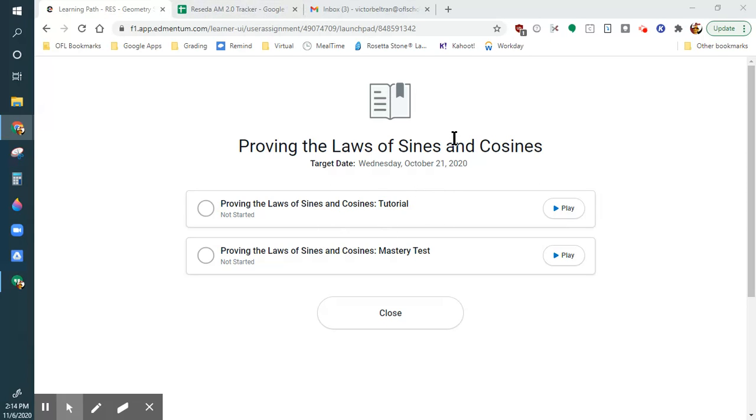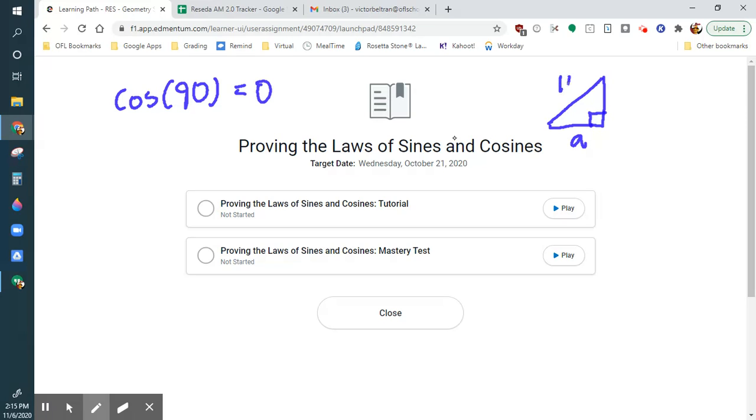Because I'm not sure if any of you have ever tried this, but if you ever enter cosine of 90 degrees into a calculator, you'll end up getting zero. That's because the cosine, for the angle you're doing right here, is the adjacent over the hypotenuse, and this would end up causing it to be very strange.